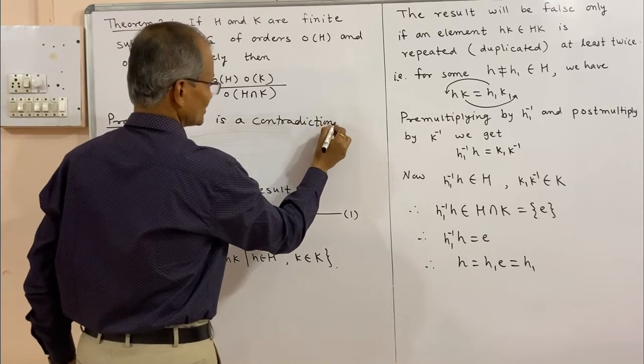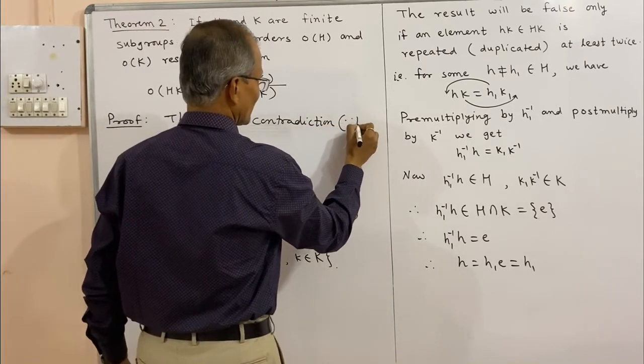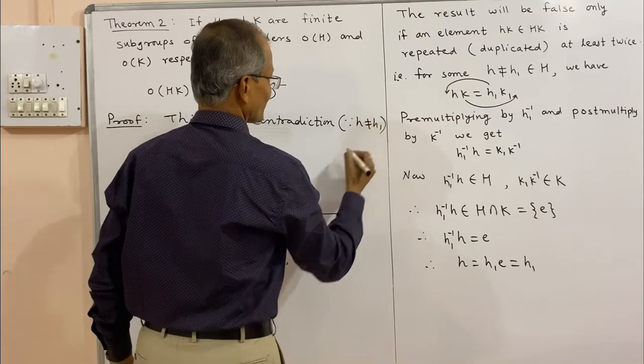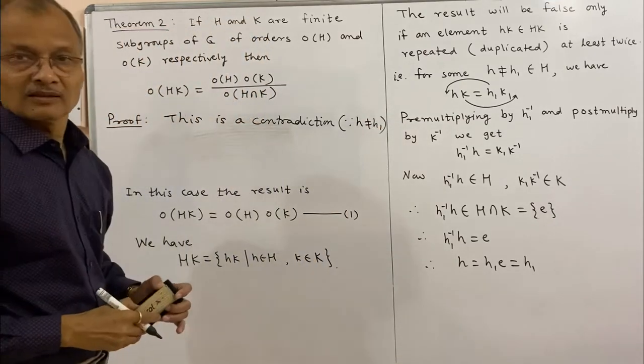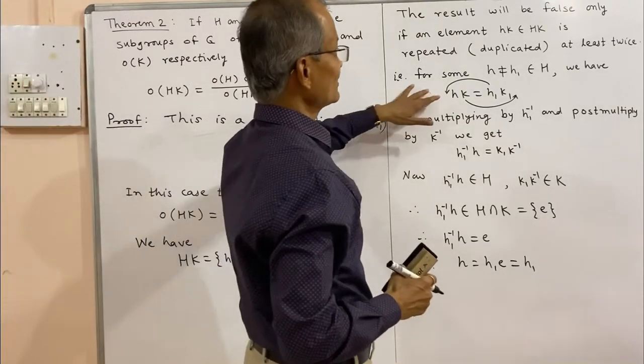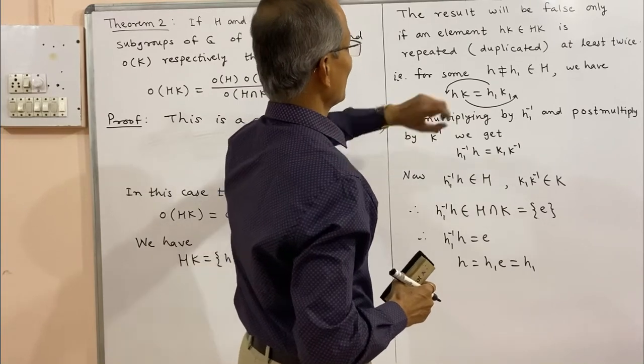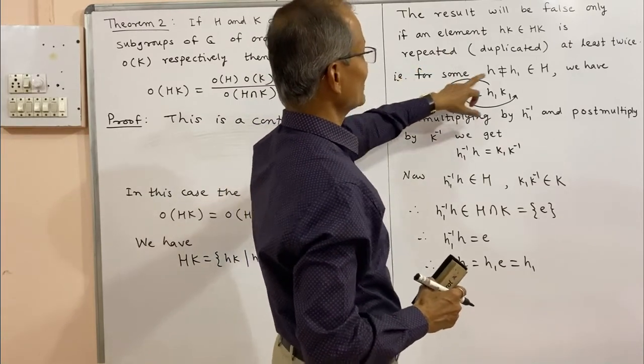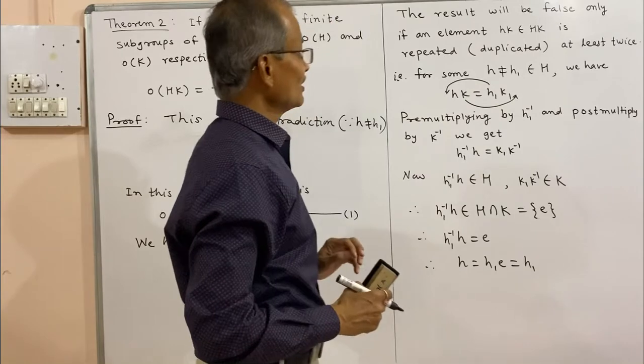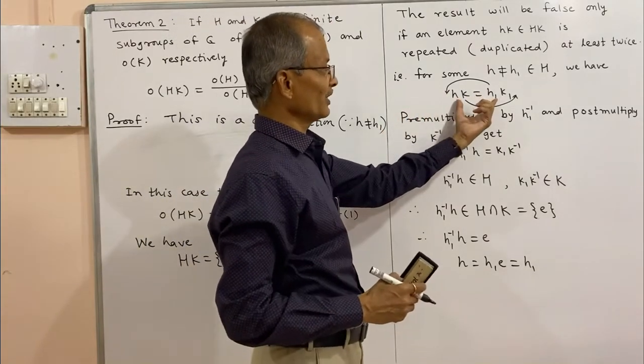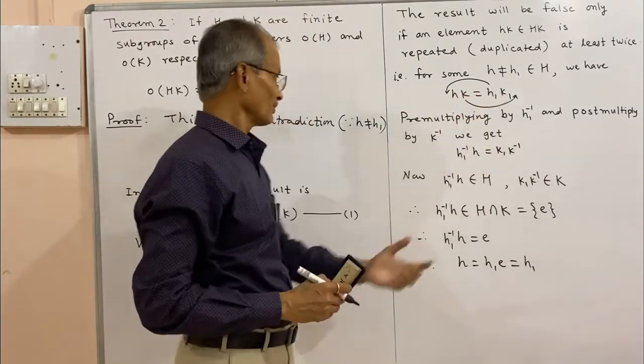Since our assumption is h not equal to h1, no element in hk is repeated. Here we have assumed that if it is repeated, then h not equal to h1. In that case, this repetition happens: hk is equal to h1 k1.